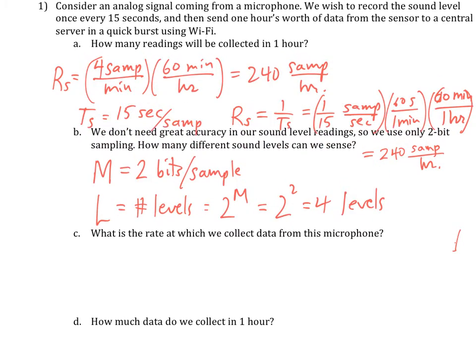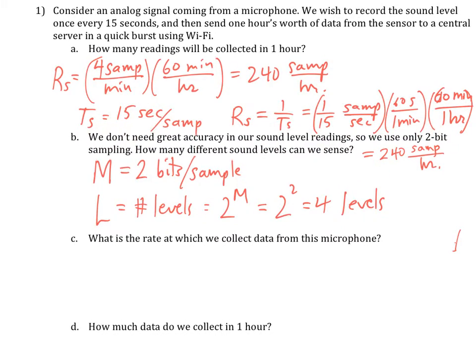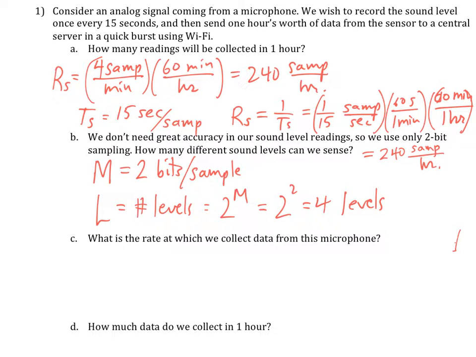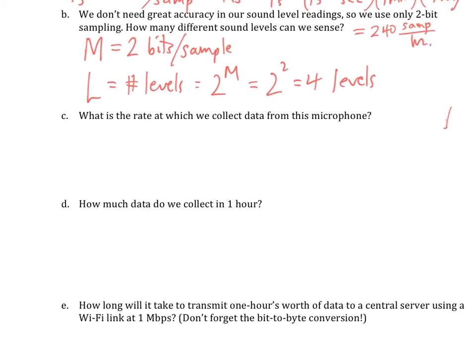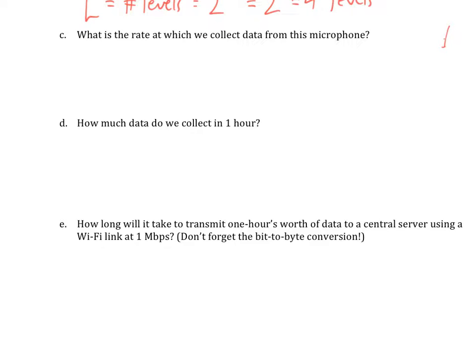See if I can get this to stick to the page. There we go. And what is the rate at which we collect data from this microphone? Now we're going to use the equation that the bit rate is equal to the number of bits per sample times the sample rate.